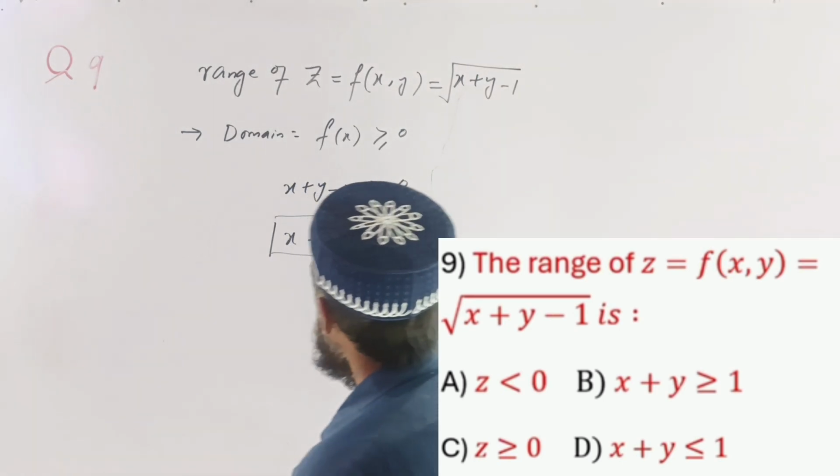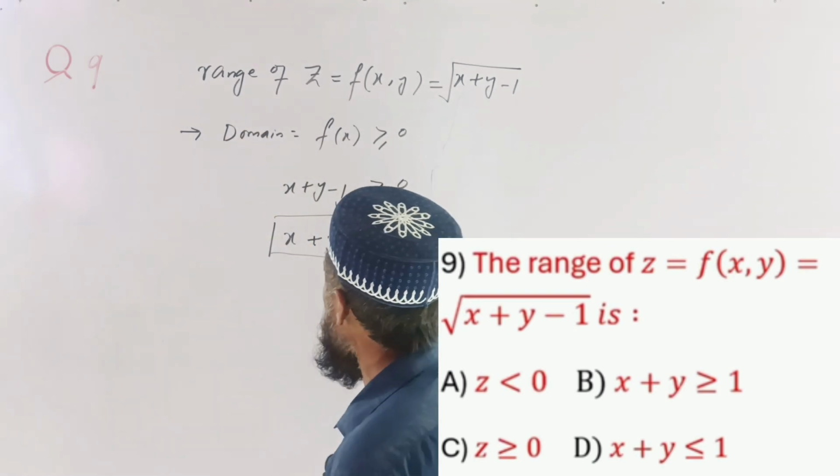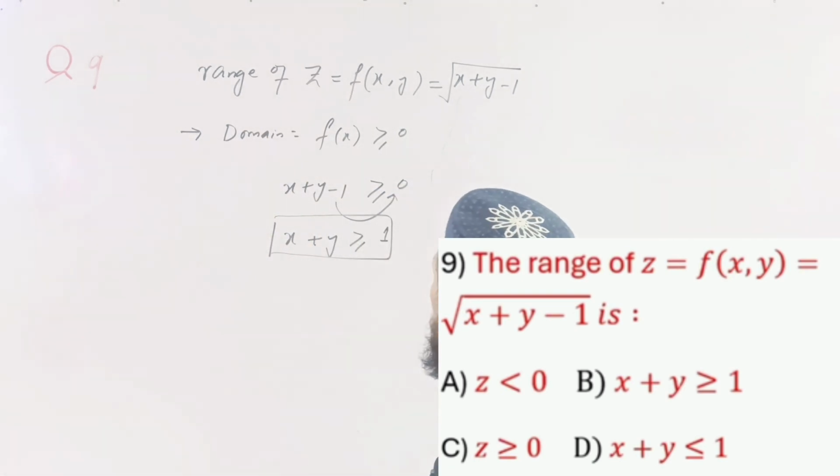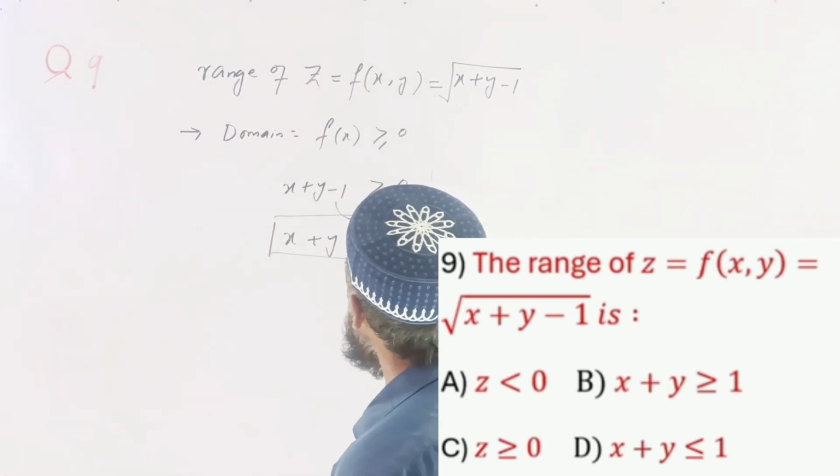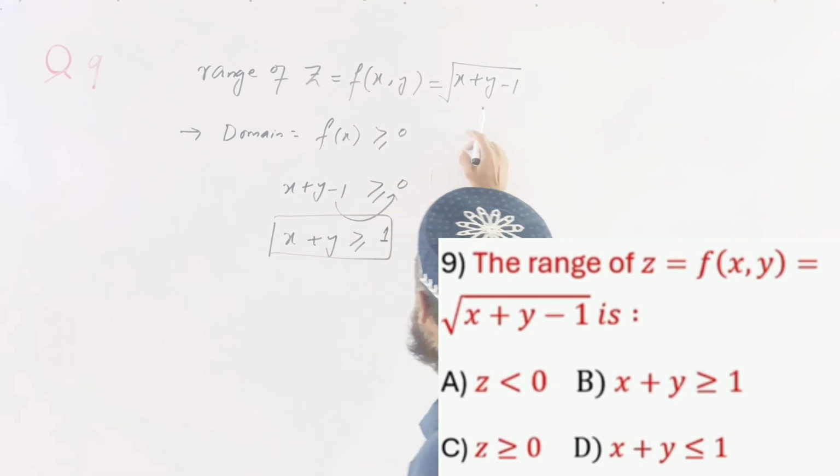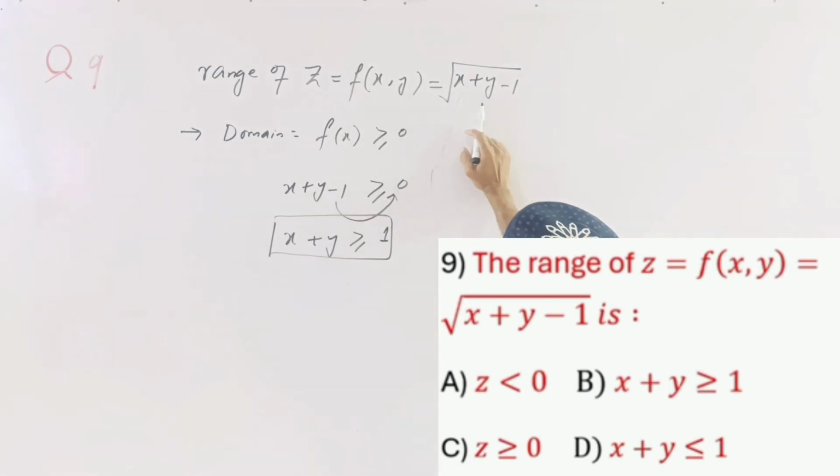Now look here, if we require the range value, we put the results here. If we put 0, the 1 and 1 are both cancelled, and we get imaginary parts.